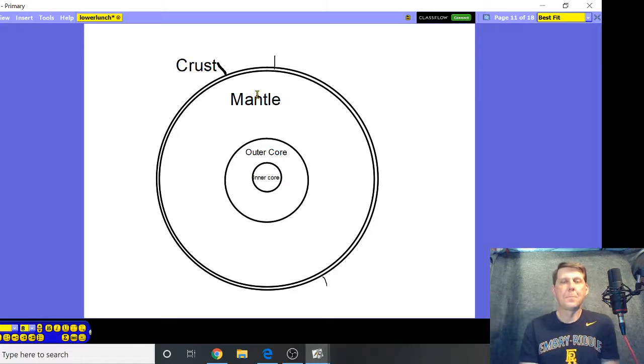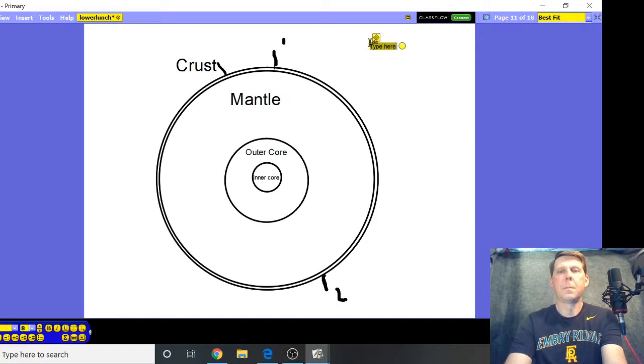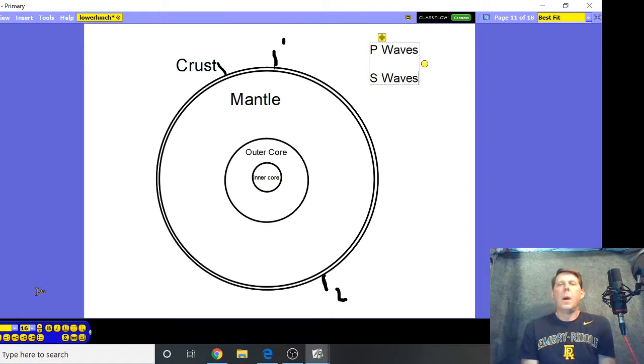So how do we know that? One way we think we know is through earthquakes. Here is point 1, and that is a seismograph, an earthquake detector. And we're going to make this 2. Okay? And we have P waves and S waves. The P waves can go through anything.